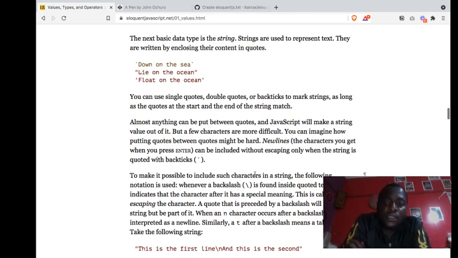You can imagine how putting quotes between quotes can be hard. New lines, that's the character you get when you press enter, can be included without escaping only when the string is quoted with a backtick. To make it possible to include such characters in a string, the following notation is used. Whenever a backslash is found inside a quoted text, it indicates that the character after it has a special meaning.